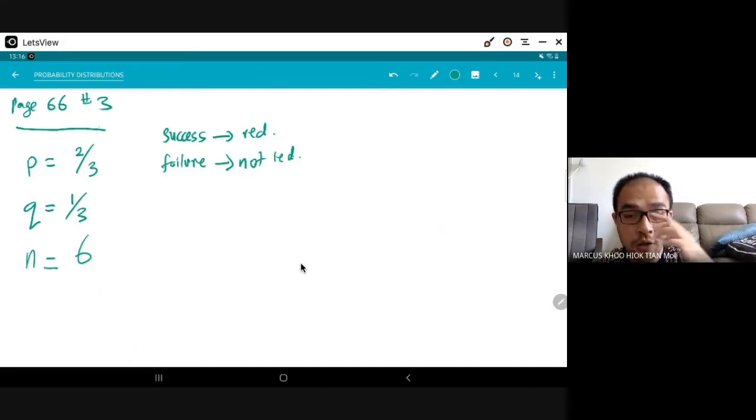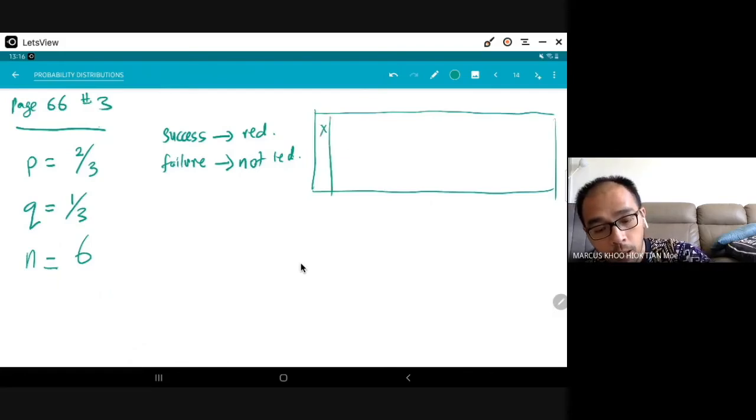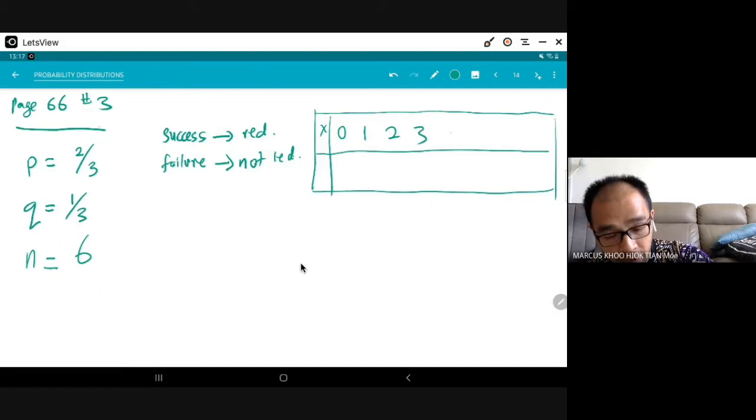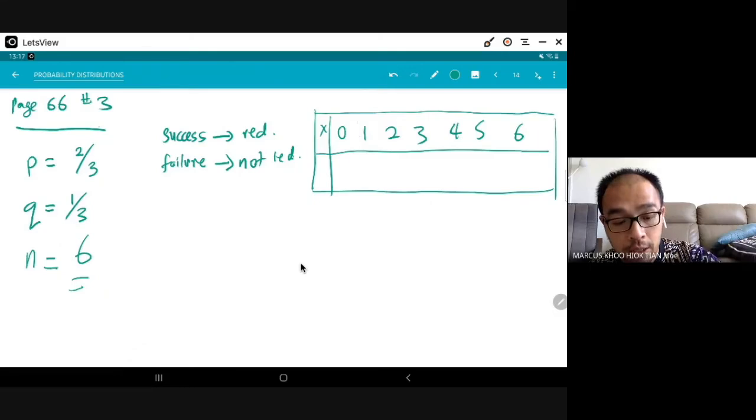So if my n equals 6, it means my table, I'm going to start writing the table. My table will be 0, 1, 2, 3, 4, 5, 6, because maximum is 6. It must always start from 0. So berapa kebarangkalian yang saya mau kira di sini?